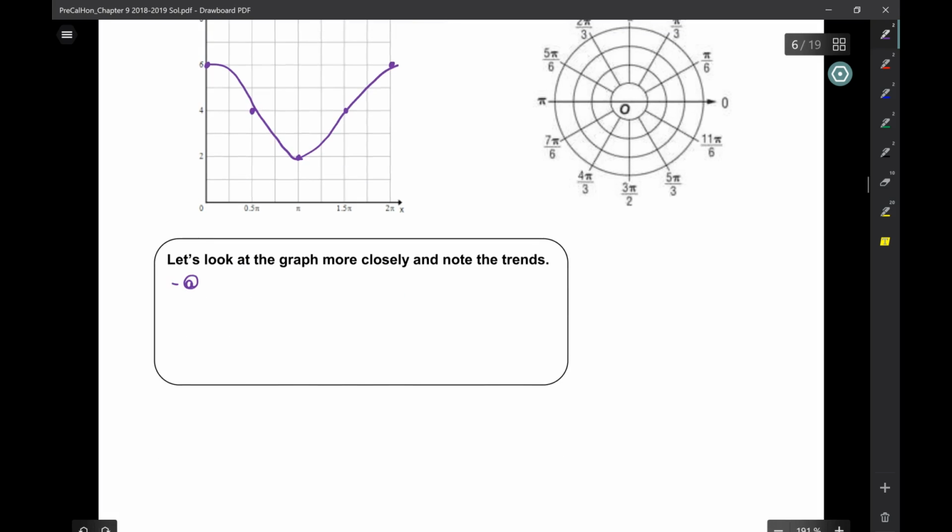So at theta equals 0, the radius is max, how much? 6. Now, as theta approaches pi, the radius approaches 2.